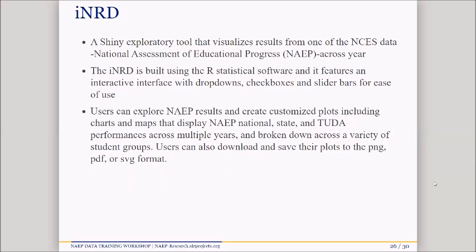What we did was take the 2017 through 1990 summary data tables, which include the means, percentiles, achievement levels, standard errors, and so on, all the different results that populate the Commission's report on the website.